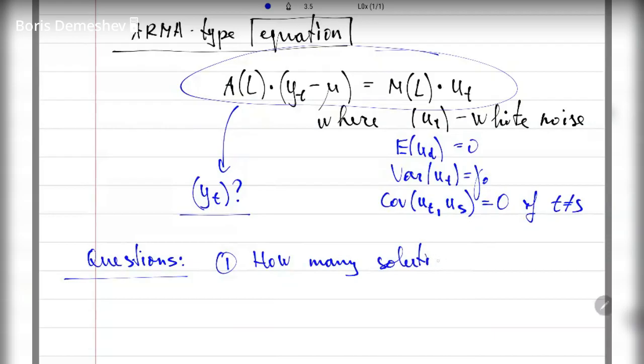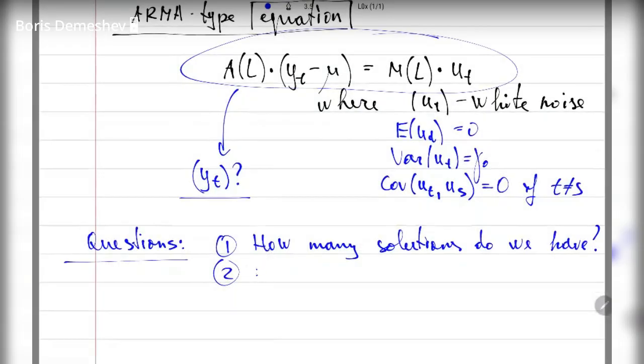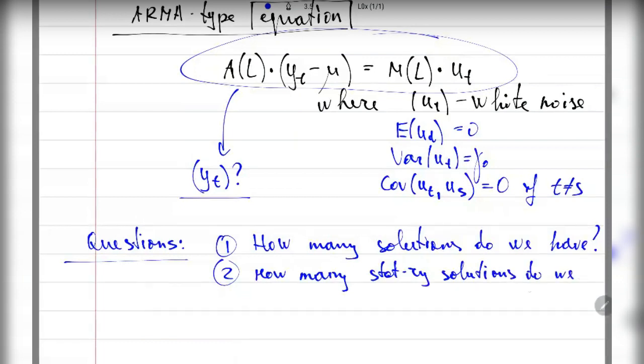How many solutions do we have? Point B, how many stationary solutions do we have?